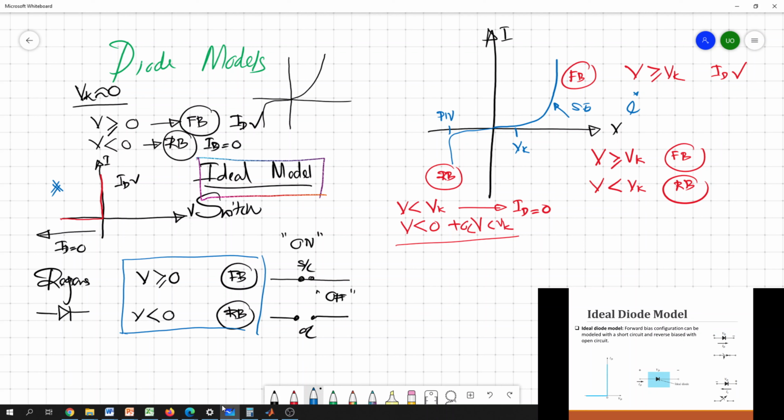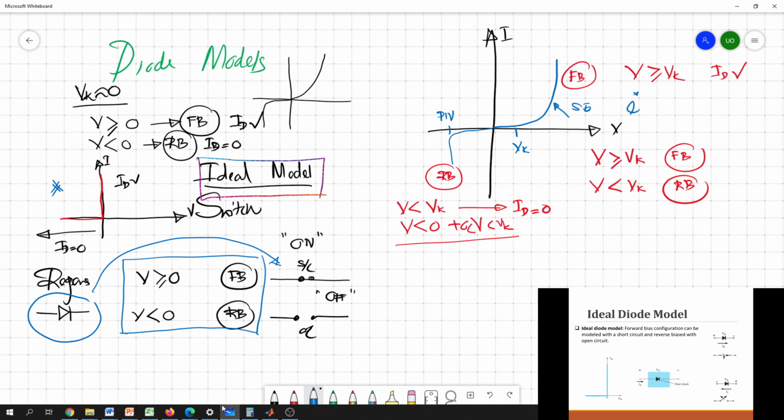If the voltage across the diode is greater than or equal to 0, we can recognize that the diode is in the forward bias region. If the voltage is negative or less than 0, we can identify it as being in the reverse bias region.